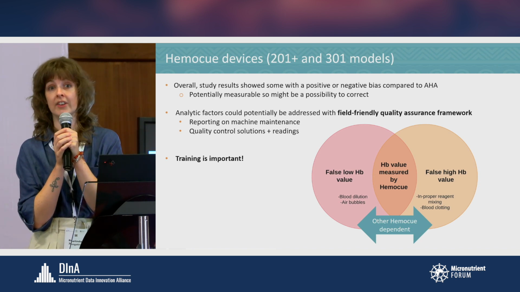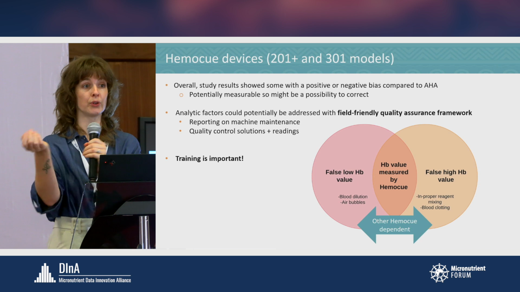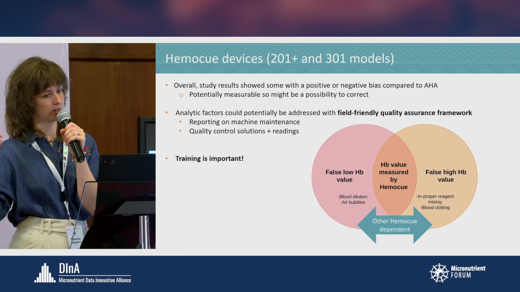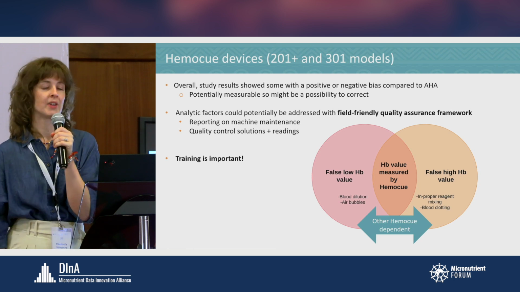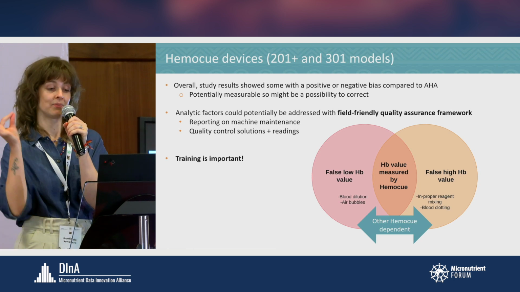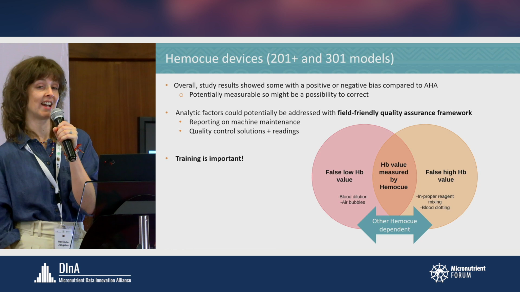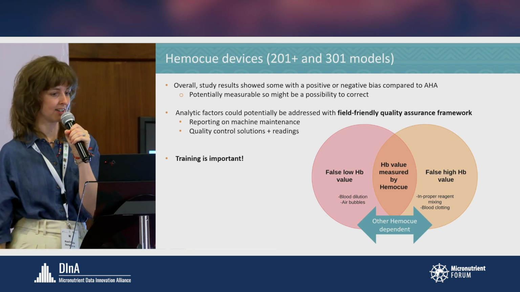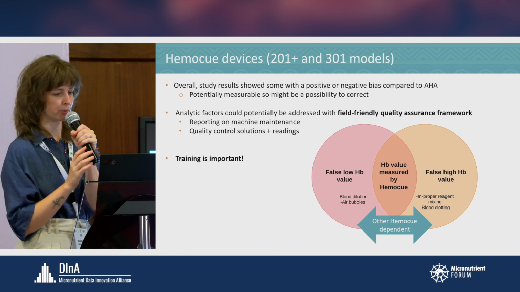It's when there is too much alcohol used when the blood sample was taken, so the alcohol is coming into the blood tube, or if the small microcuvette contains air bubbles. So you can see in the light that it's actually not filled up correctly, which will give you a lower measurement.